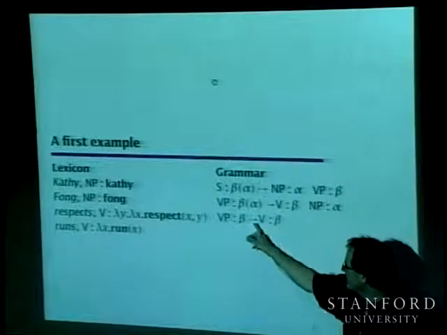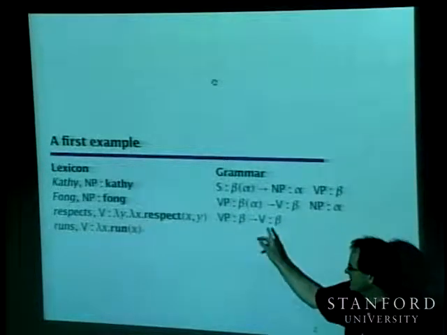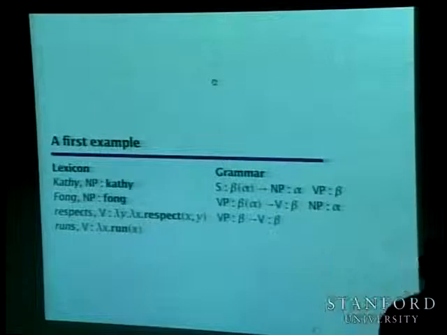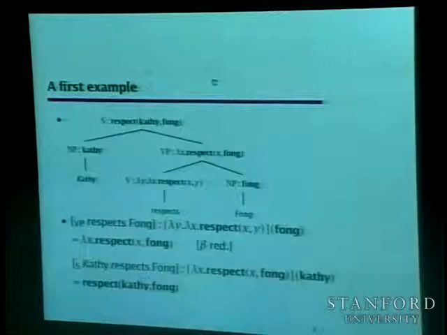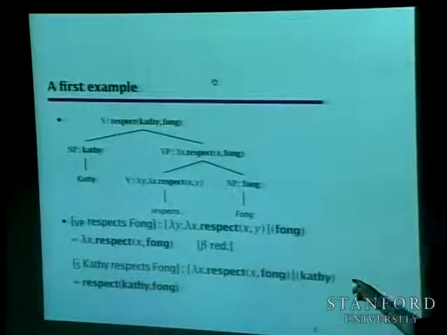Here there's only one thing a verb phrase rewrites as, a verb, so you just pass the meaning up. So essentially, we're always either doing function application or passing the meaning up. And so the action comes into how we can have lexical representations of meanings that will allow the right kind of combination.